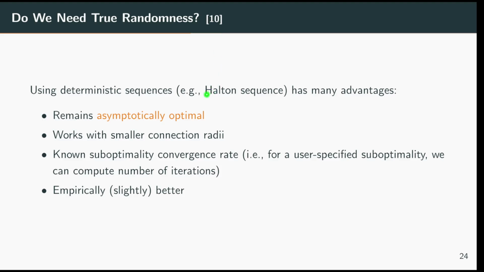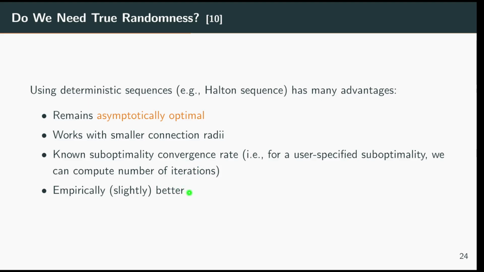And just empirically, when you think about RRT star, you had these connection radii, so you can use smaller ones, which makes it faster, and you can even now bound the suboptimality convergence rate, which means you can very concretely say, if I want a solution that is within a factor of 2 of the optimal solution, how many vertices would I need to sample in order to achieve that?